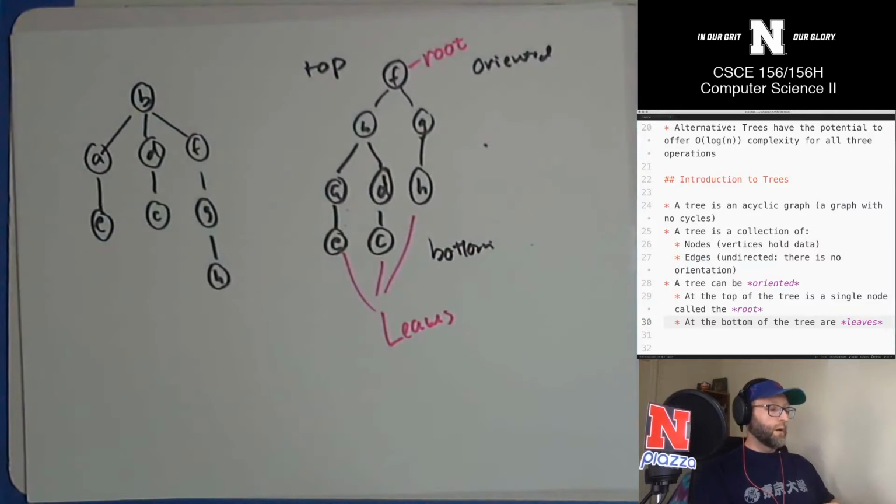Now, normally trees grow upward, right? We've got the roots down at the bottom, and then they grow up, and the leaves are at the top of the tree. Don't ask me why, but 150 years ago, I think it was due to a mathematician named Cayley, who first established the use of trees in mathematics.